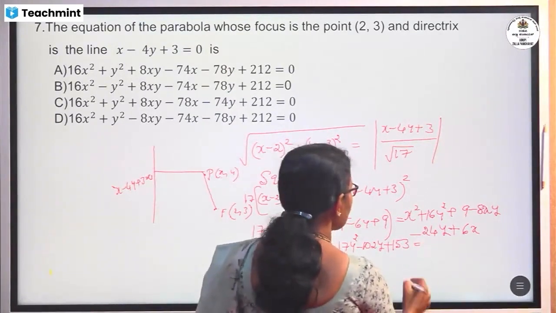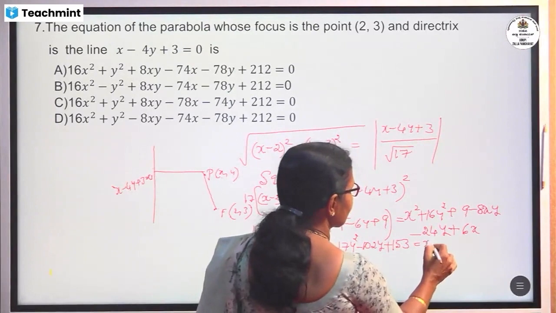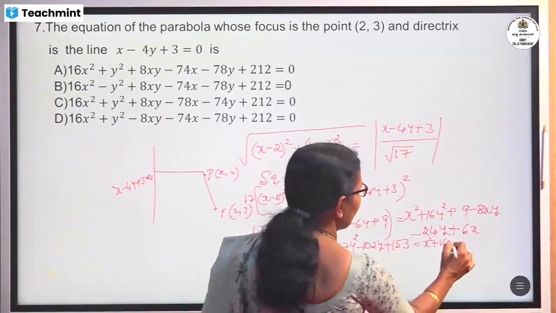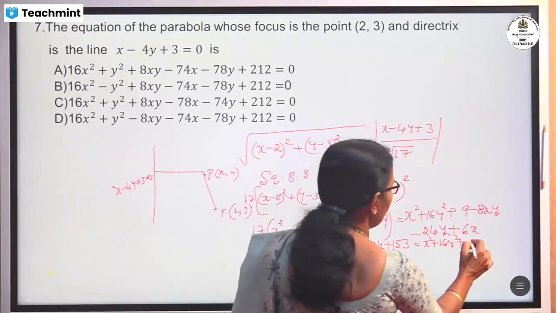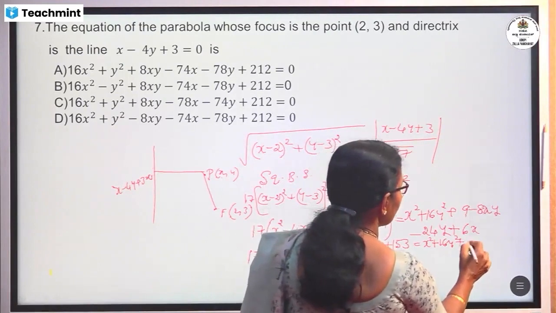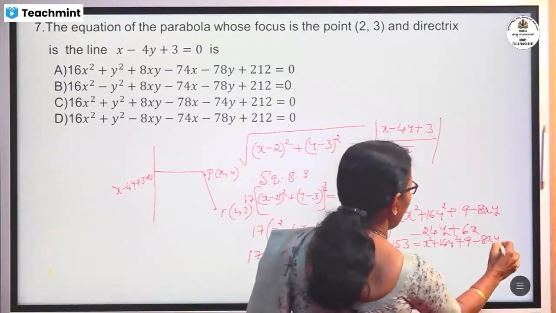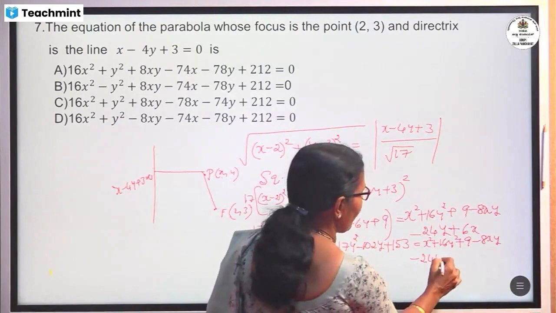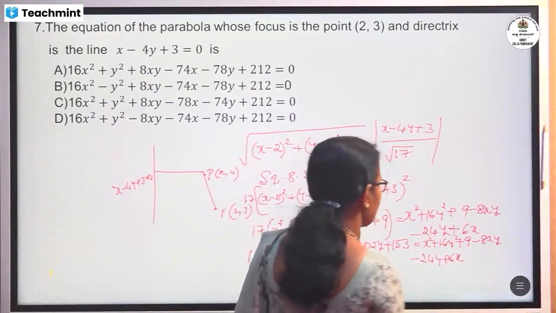In the right hand side, write as it is: x square plus 16y square plus 9 minus 8xy minus 24y plus 6x.